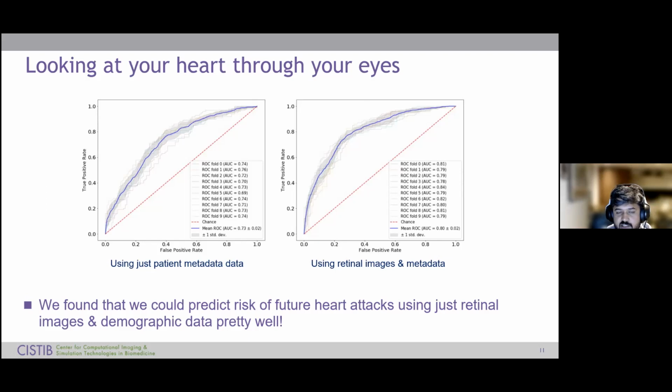And this was an extremely important finding for us, because it demonstrated for the first time that by learning combined representations with cardiac MR and retinal image data, you were able to extract whatever hidden information was there in both to subsequently identify patients at risk of heart attacks using just their retinal images and associated patient information.